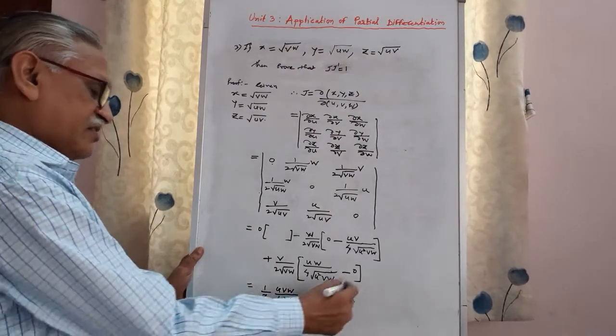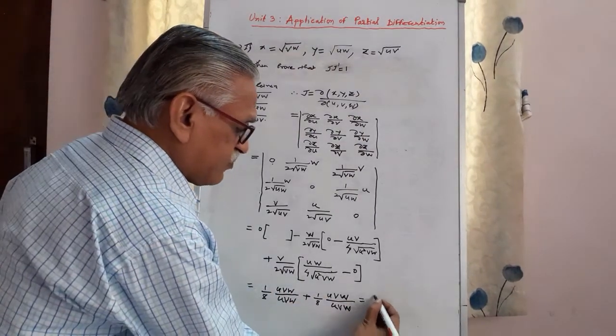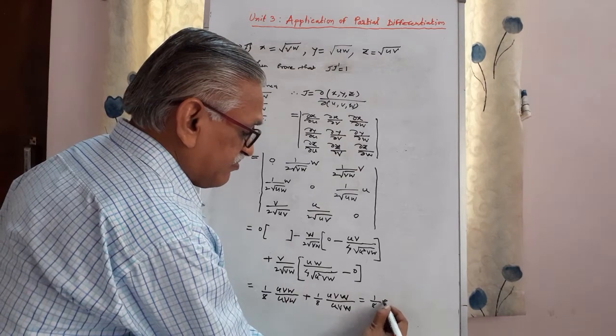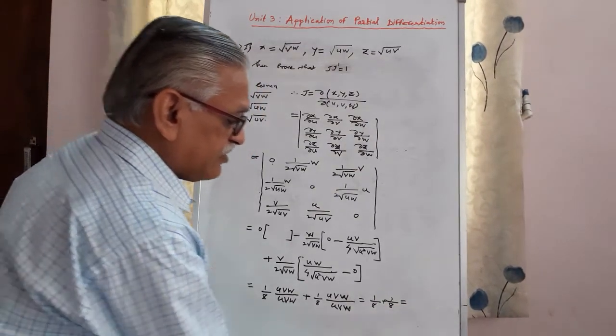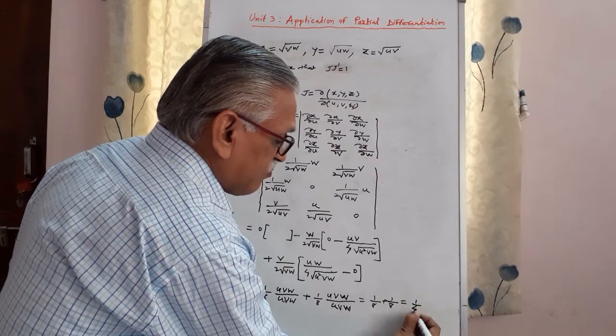Therefore this gets cancelled, this gets cancelled. 1 by 8 plus 1 by 8, it is 2 times 1 by 8, which means 1 by 4.